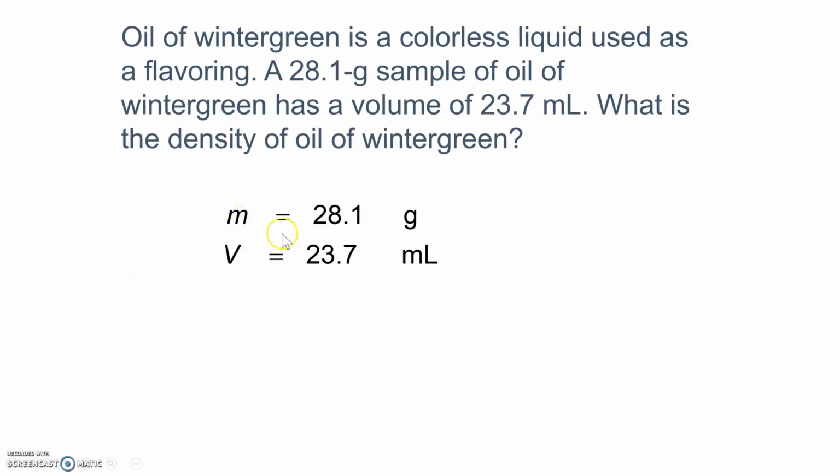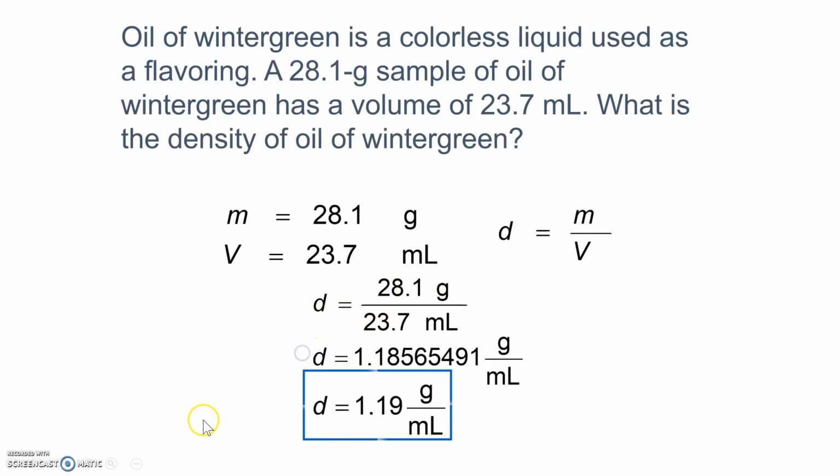So we have our mass, 28.1 grams, and our volume, 23.7 milliliters. Remember, density is mass divided by volume. So in this case, our density is 28.1 grams divided by 23.7 milliliters. And that density works out to be 1.19 grams per milliliter.